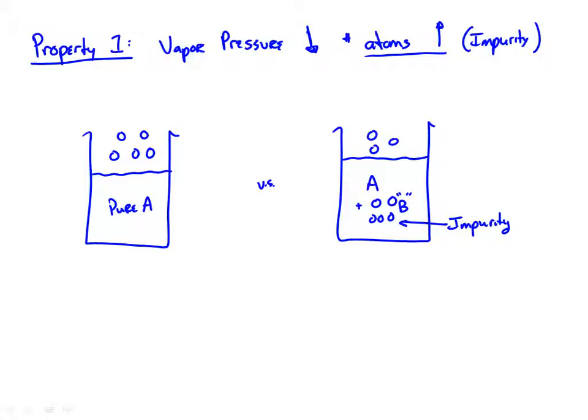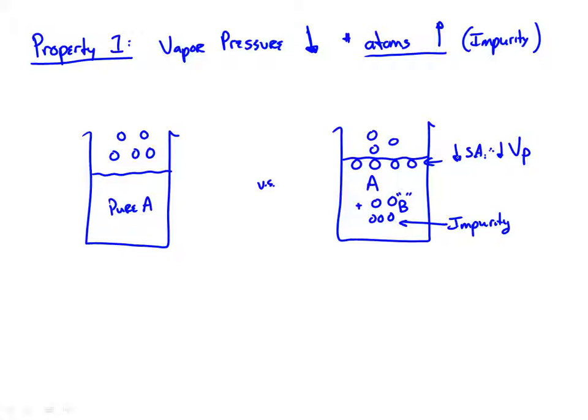And the reason for that is that basically here we've got particles of B that decrease the surface area, therefore they decrease the vapor pressure, and simply that the impurity molecules can't vaporize.